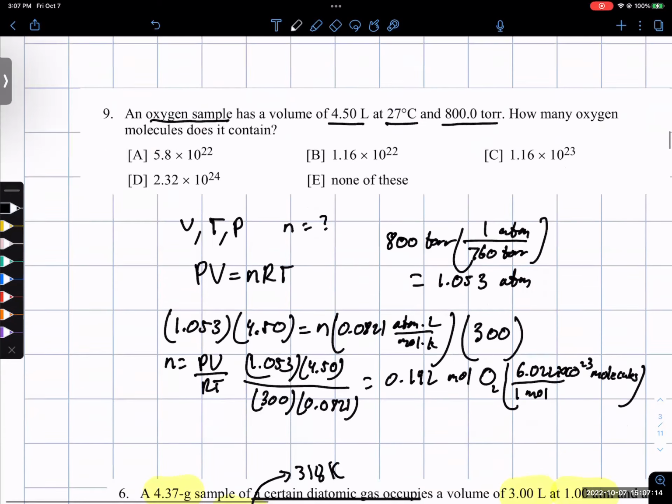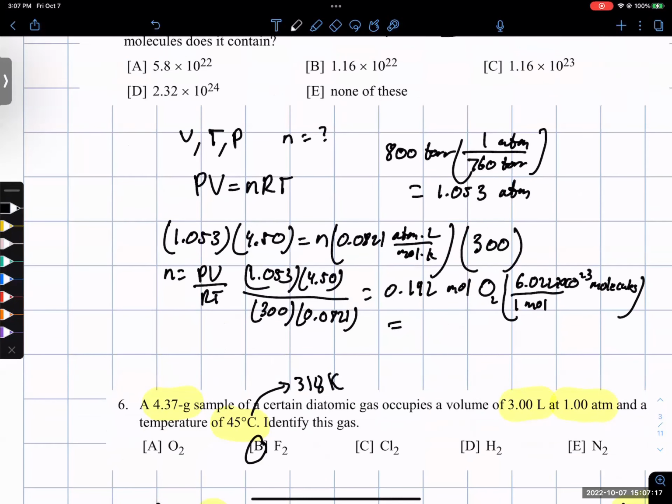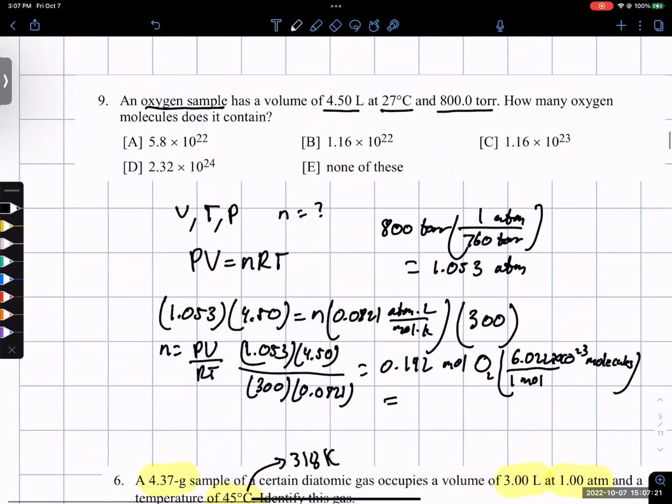So when we do 6.022 times 10 to the 23rd times 0.192, we will approximately get 1.156 times 10 to the 23rd. 10 to the 23 molecules.